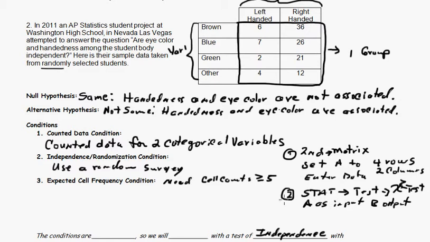Once you do that, go back to second matrix, but this time select B. B will have the expected cell counts. So here's what you would get.